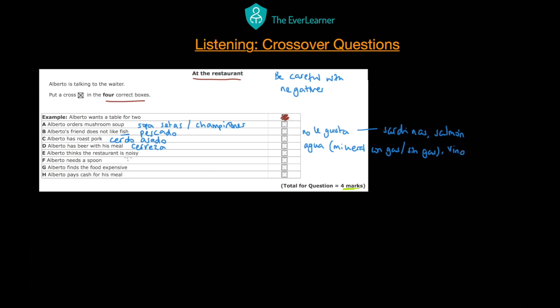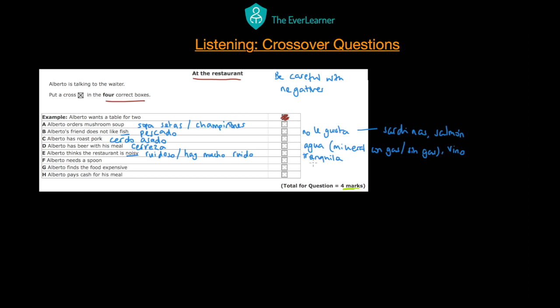Alberto thinks the restaurant is noisy. The restaurant is noisy, ruidoso. But you might also hear things like hay mucho o demasiado ruido. Now, if he doesn't say it's noisy, he might make a comment on the atmosphere, but maybe it's the opposite. Maybe he says es tranquila, it's quiet, in which case we wouldn't cross this.